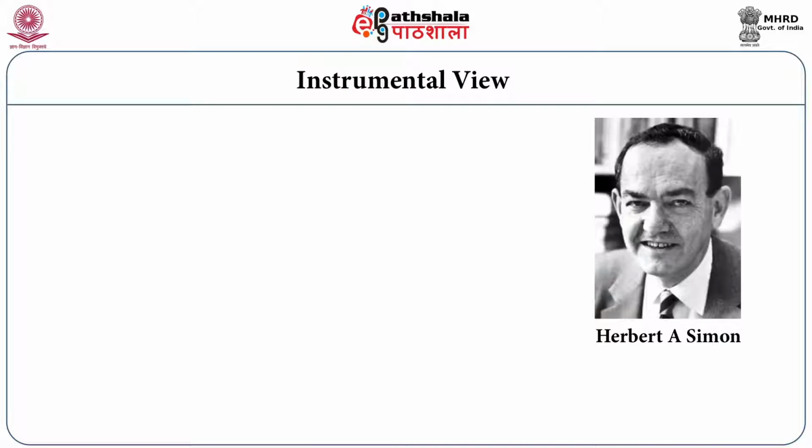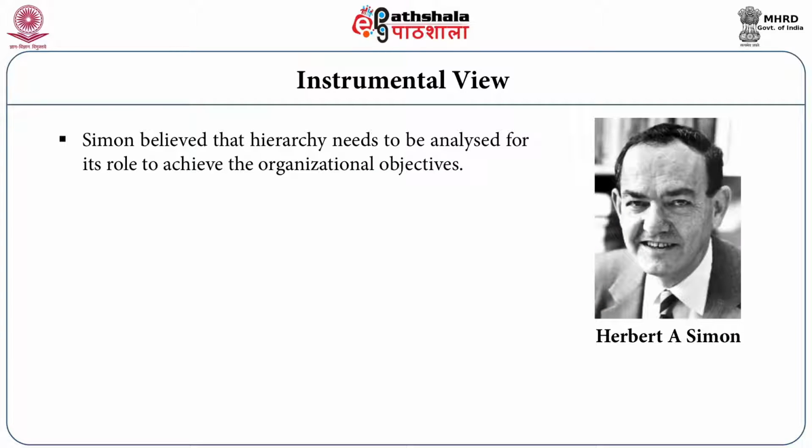The conventional view of hierarchy is attacked by scholars like Herbert Simon. He proposed the instrumental view. According to him, hierarchy is not an end. Hierarchy is a means. Hierarchy has to be analyzed in the context of its role to achieve a particular goal.